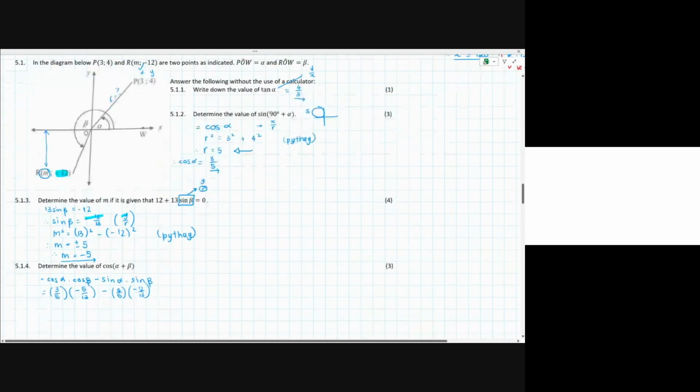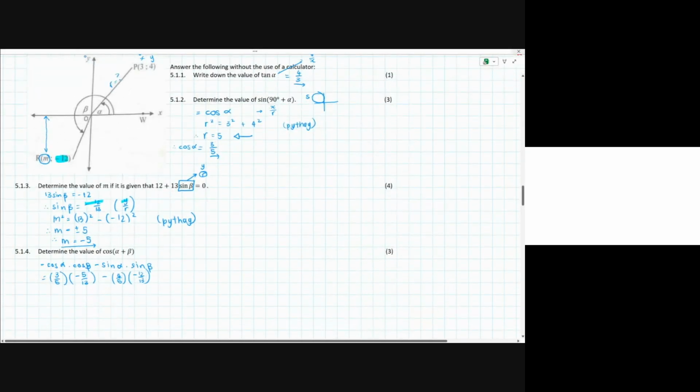Now, again, it says without the use of a calculator, however, grade 12s, do you? Use a calculator, but show your working out. What I mean by that is multiply each of these fractions together. Oh, sorry, it feels like there's something crawling on my head, and I'm not about that today.